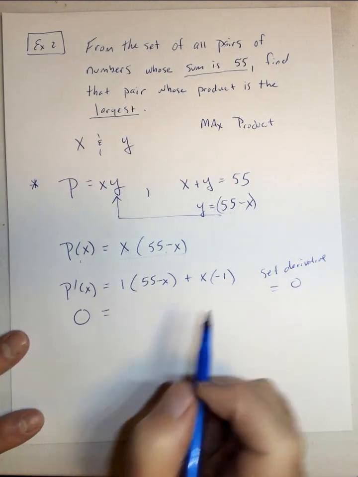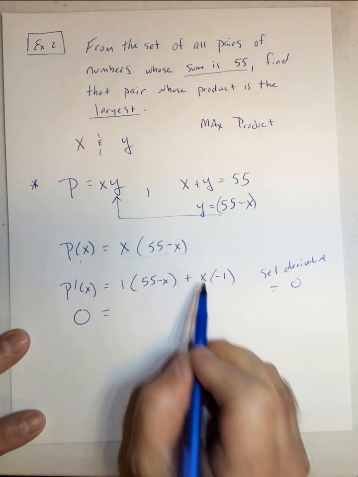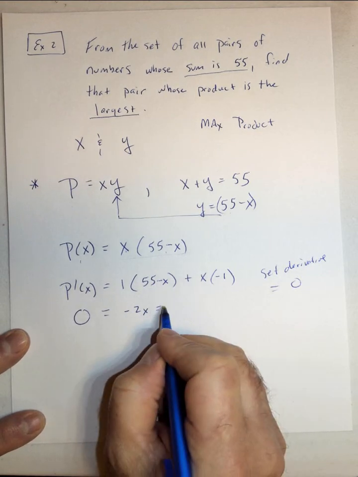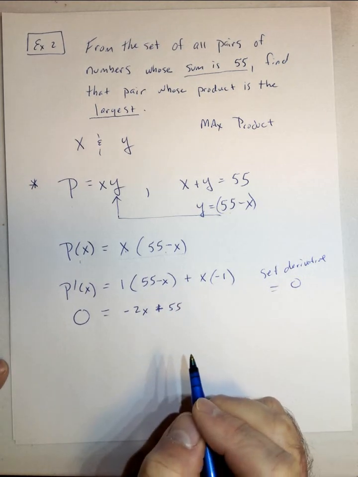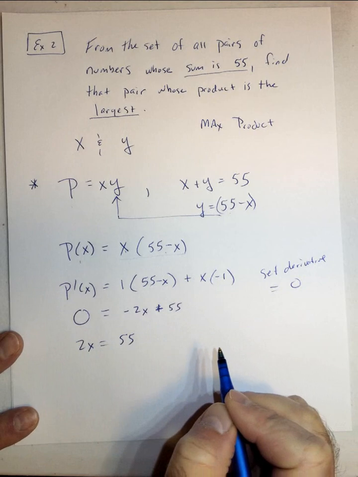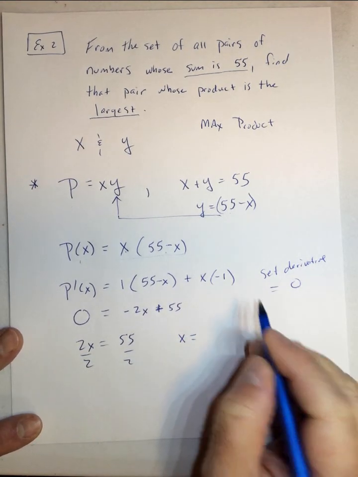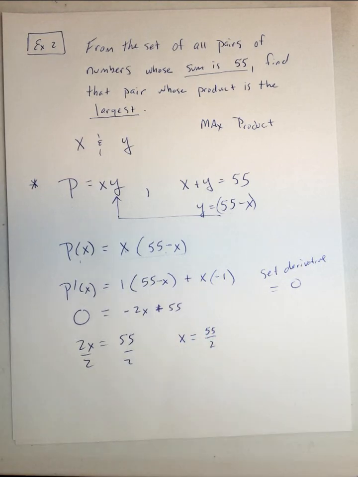So I have negative x minus x is a negative 2x, and that's plus 55. So that means 2x is equal to 55. So dividing by 2, x has to be 55 over 2 is one of the numbers.